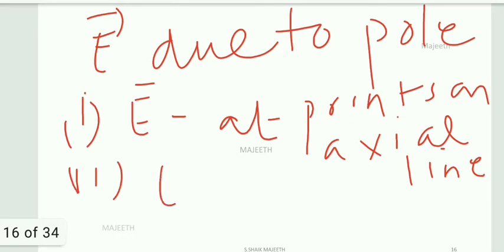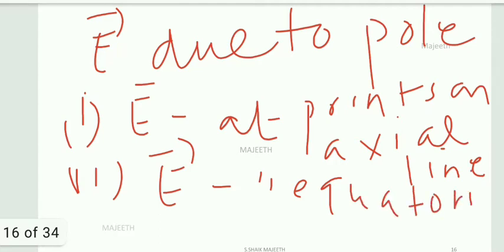Second one is electric field at points on the equatorial plane. So we have to derive the electric field for these two conditions, right?